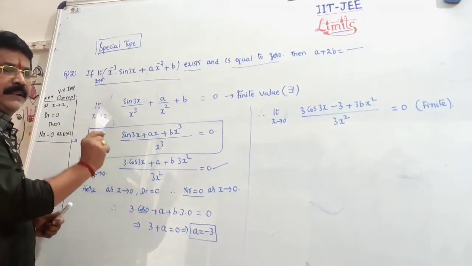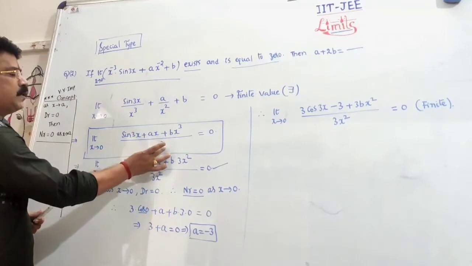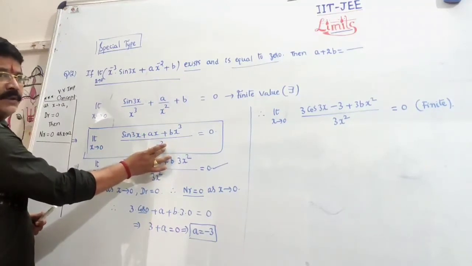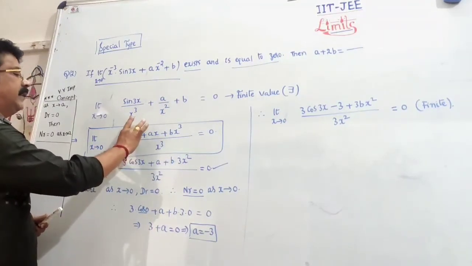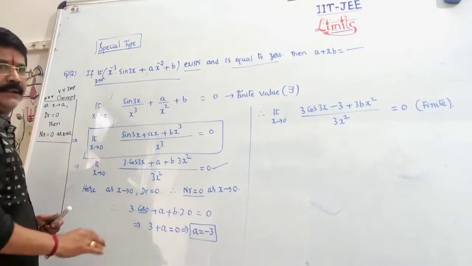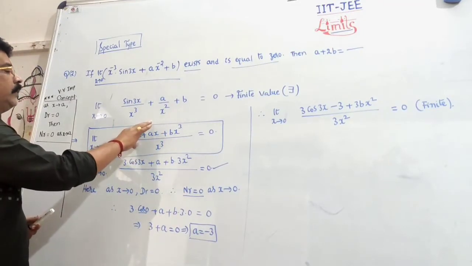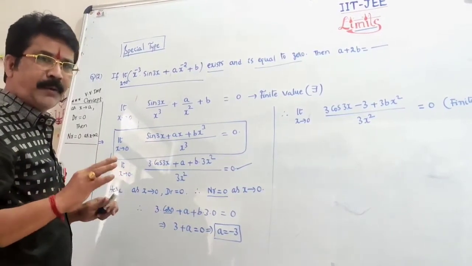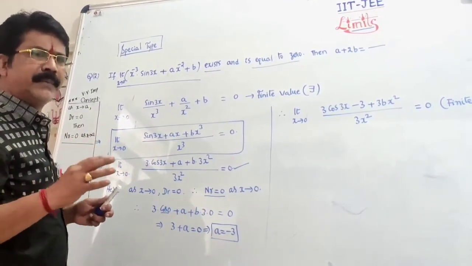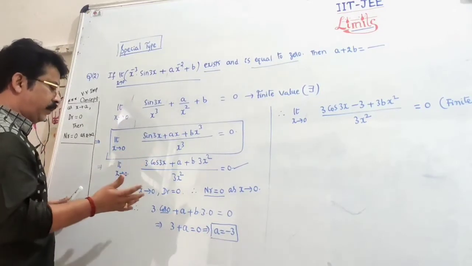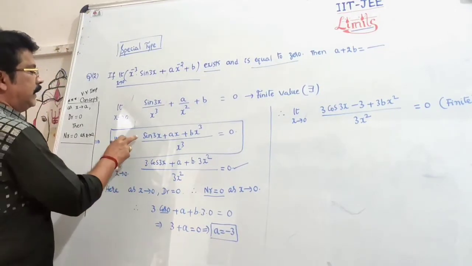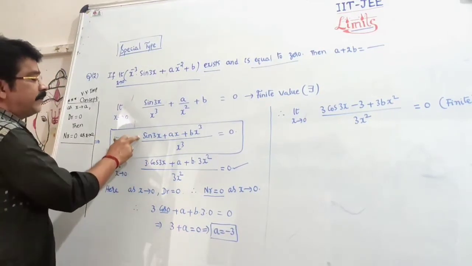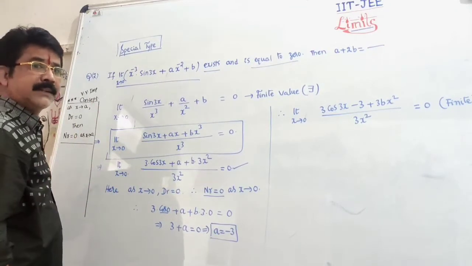Number 1. First stage. As x tends to 0, denominator is equal to 0. Therefore, numerator is also 0. We can say like that. By putting x equal to 0 directly in the numerator, we are not getting any relation between a comma b. Therefore, first I use the L-Hospital rule because it is 0 by 0. Understand?